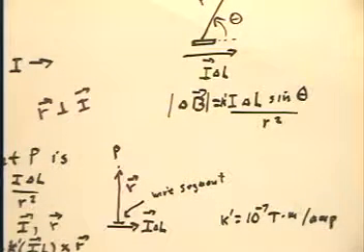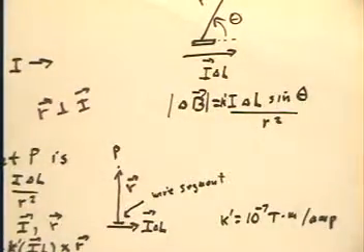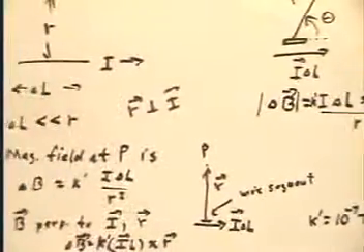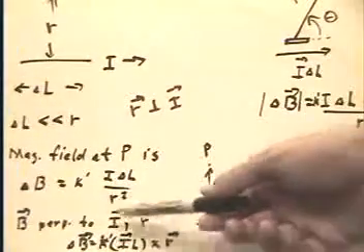And do I have an error there? No, that's right. I thought it was Tesla per amp meter. If we look at the units here, I think we see it has to be Tesla meters per amp, because if we multiply, what we're going to get here is amps times meters over meters.